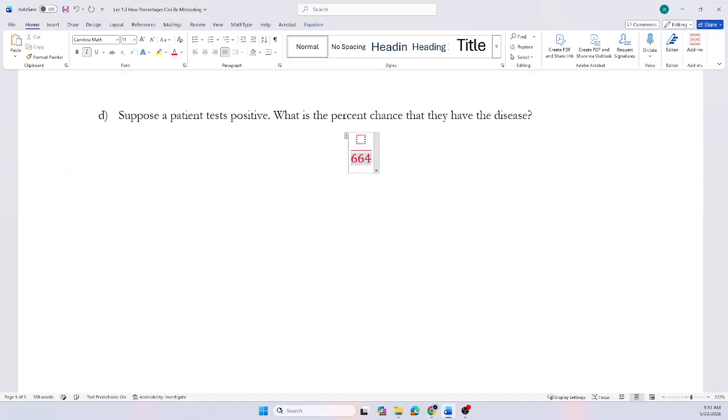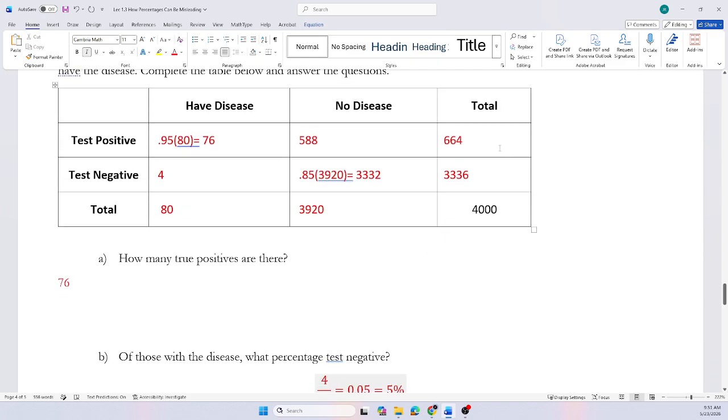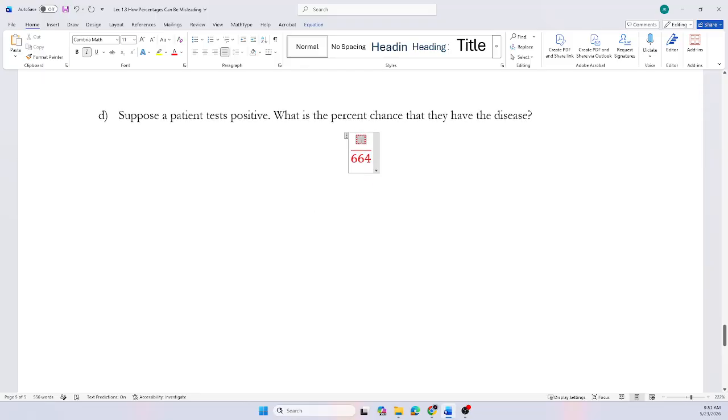And then what's the chances they have the disease? Well, to have the disease, they got to be one of the people that have the disease and tested positive. So there's 664 people that tested positive. They'd have to be one of these 76 people. So it's going to be 76 out of 664 would be the probability.